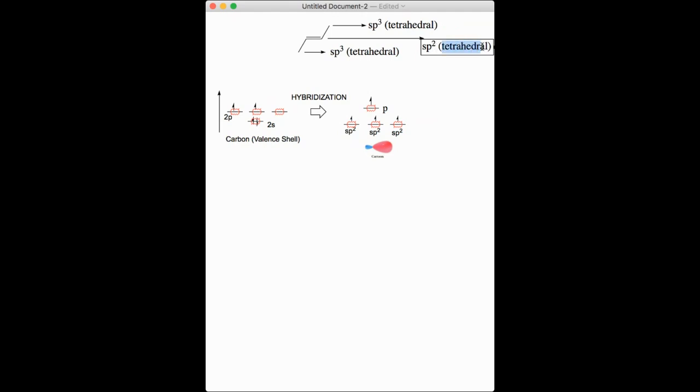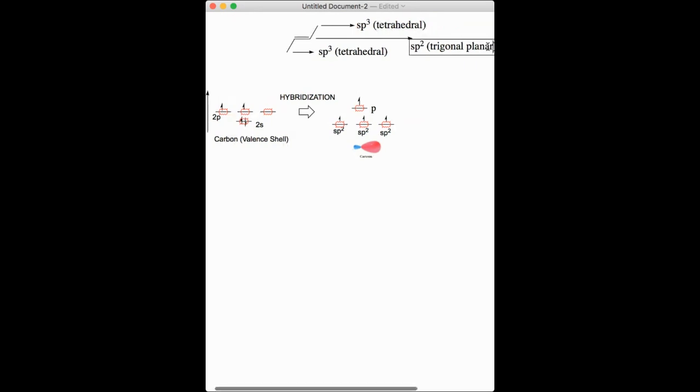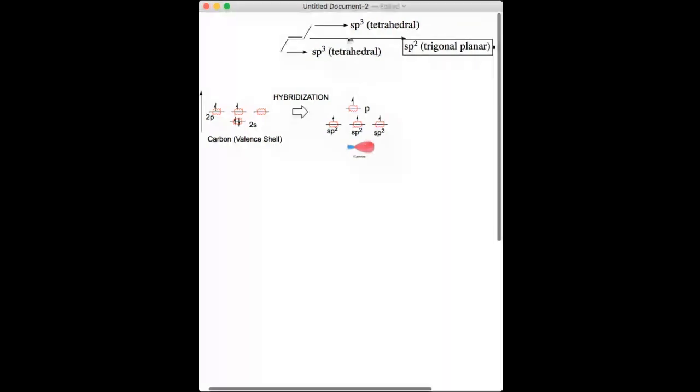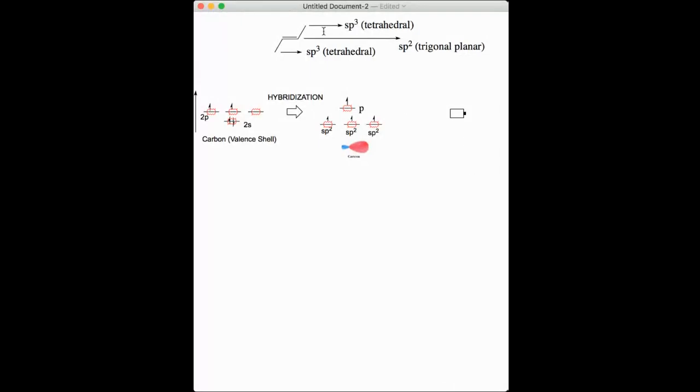Bond angle will be 120, as I said before. So both carbons will be sp2 hybridized, meaning they will be having a pi bond through a pure p orbital from each carbon, and the 3 sigma bonds from each carbon will be through sp2 hybrid orbitals.